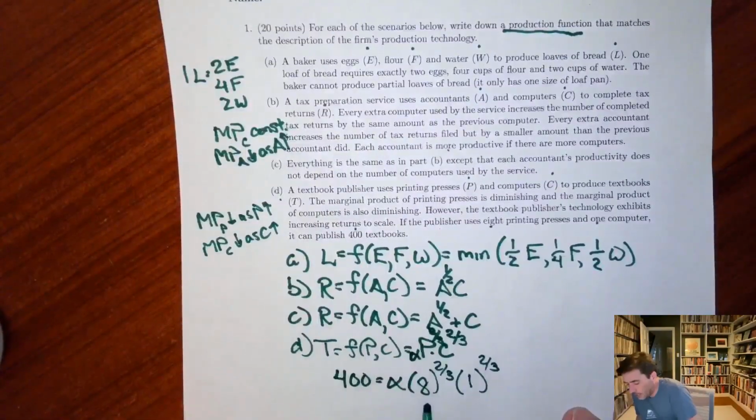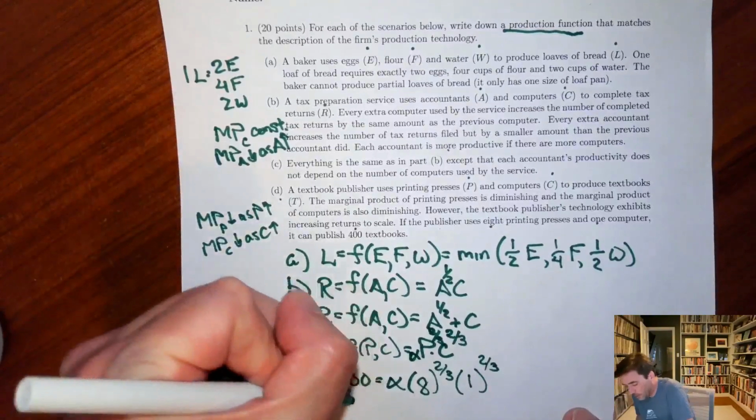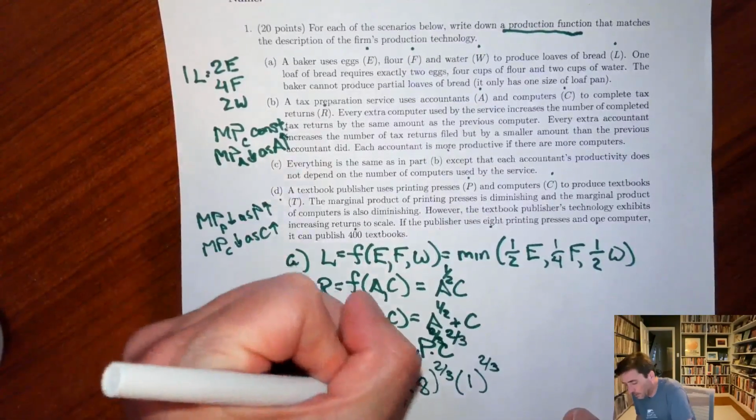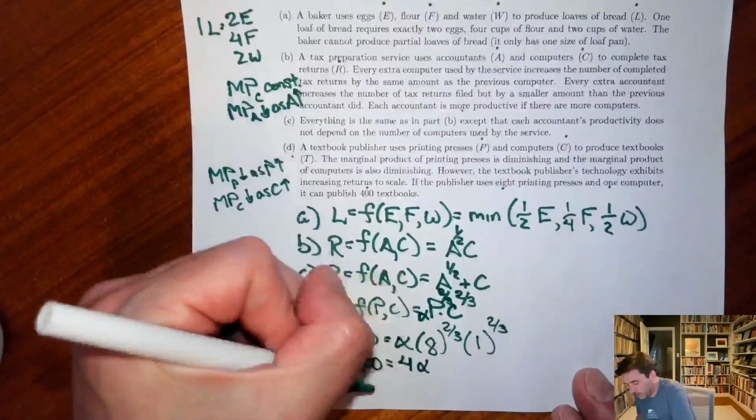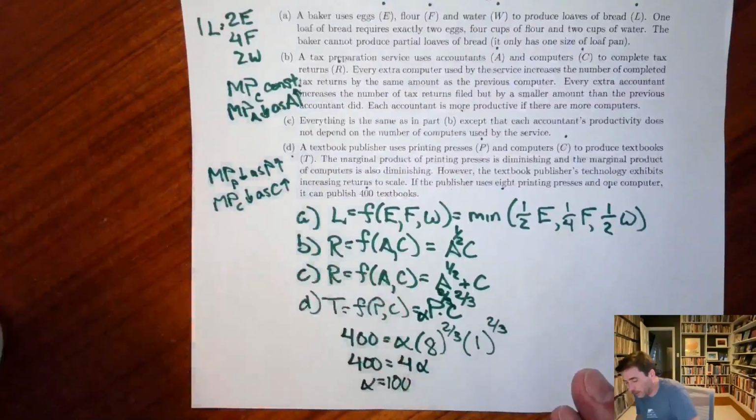And so 8 to the 2/3, well, the cube root of 8 is going to be 2. So when I square that, that's going to be 4. 1 to the 2/3 is 1. So 400 is equal to 4 alpha, which means that my alpha is just equal to 100.